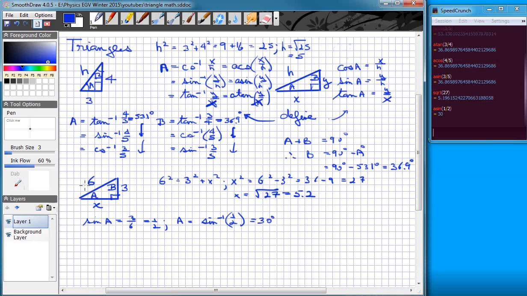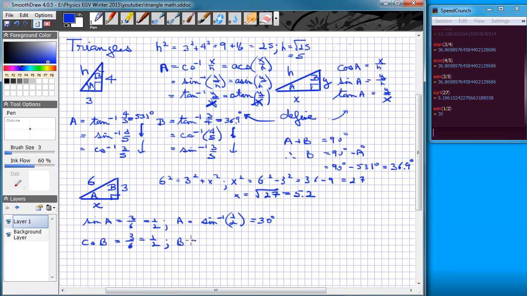All right, so we know that this is 60 because these two have to be complementary, but just for practice, let's use our trig functions and figure out what B is using trig functions. And so I can see that the cosine of B is the adjacent divided by the hypotenuse, and so the cosine of B is equal to 3 over 6, which is 1/2.